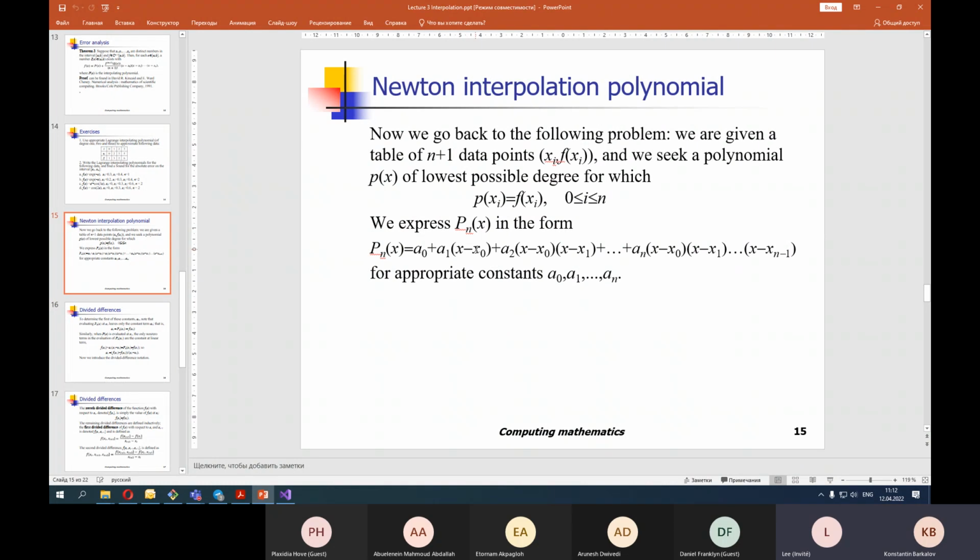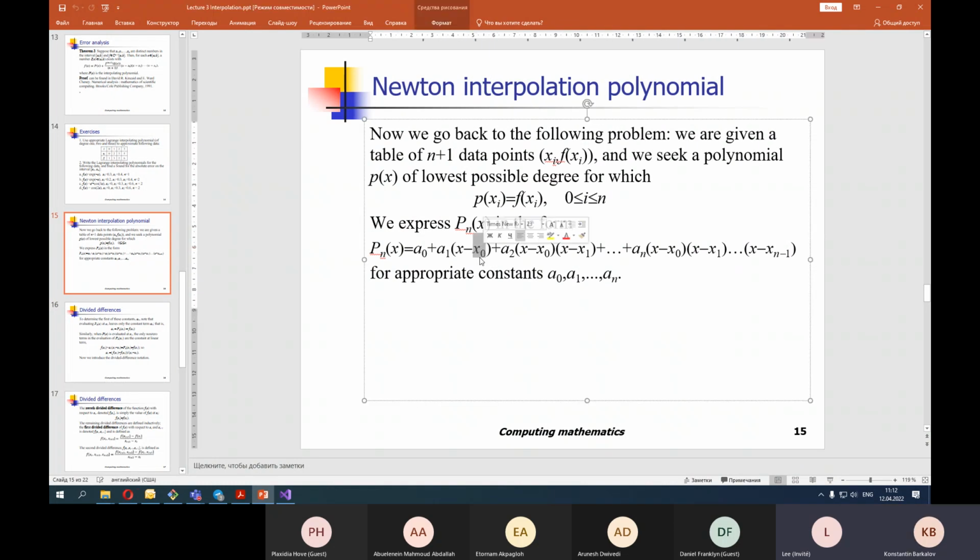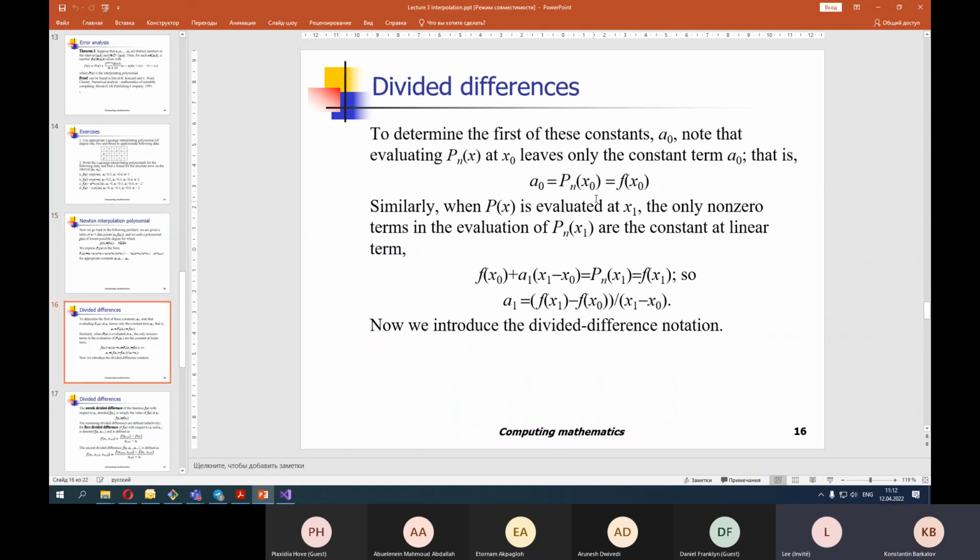Again, suppose that x equals x0. It means that this is 0, this is 0, and so all other terms starting from this one are zeros. It means that Pn of x0 equals a0. And we find the first coefficient in a very simple way.